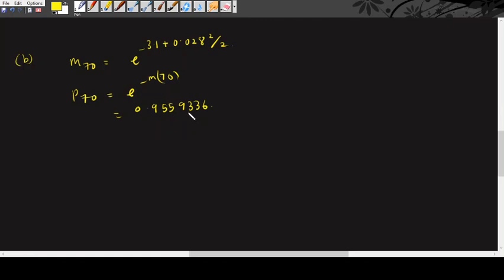This is not the same as the expected value of P70 2018.